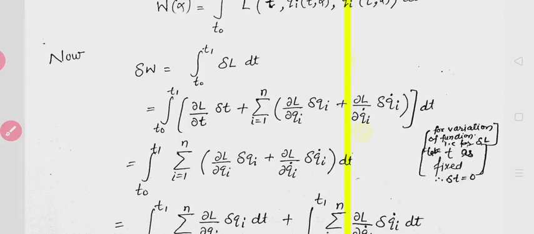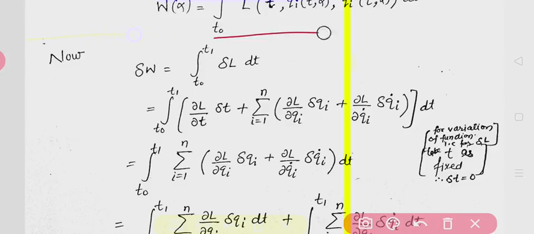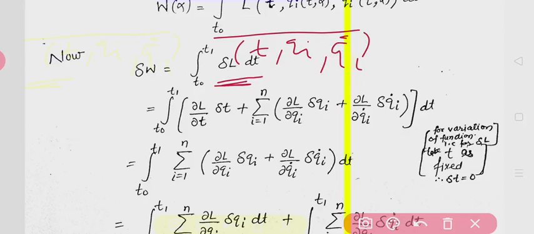So delta of w, if I take it, will be given by delta of this integral, and that will be given by the integral of delta L, that means the variation of the function L. L is a function of t, qi and qi dot. So when you take this delta, it will be the partial derivative of L with respect to t into delta t, plus summation i varying from 1 to n, partial derivative of L with respect to qi into delta qi, plus partial derivative of L with respect to qi dot into delta qi dot.